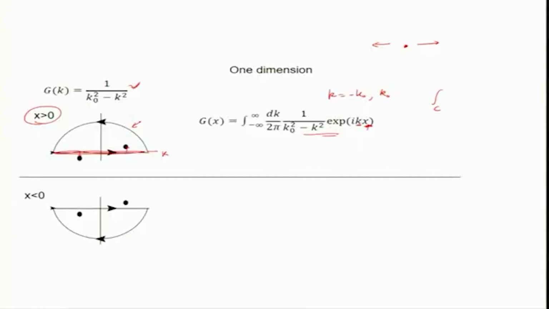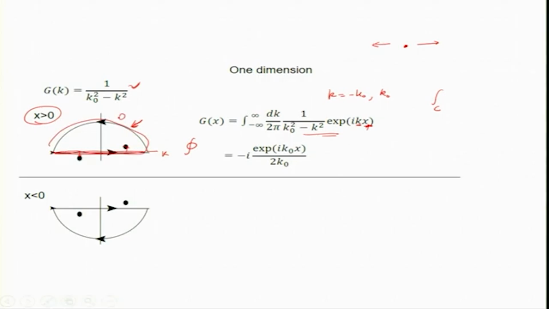Okay. So, the closed loop will not be 0, because there is a pole inside. Okay, 2 pi i times the integrand at the pole. So, this algebra I am going to leave to you, you should work it out. So, do the closed loop here, this part will give 0.